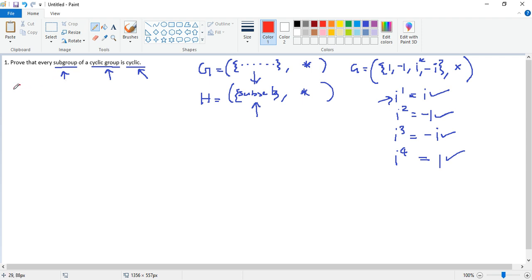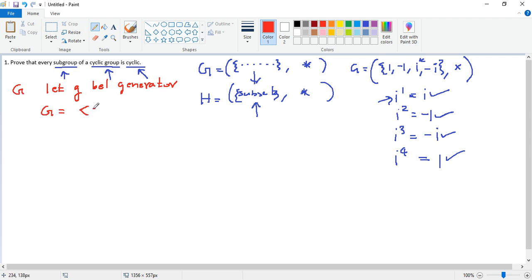since we know that G is cyclic, we can assume that the element which generates all the other elements in that group, we call it a generator, and let g be the generator of the group G. Then I'll denote it like this.